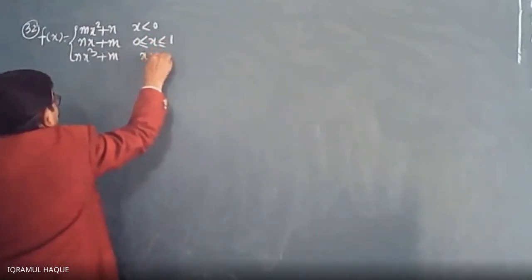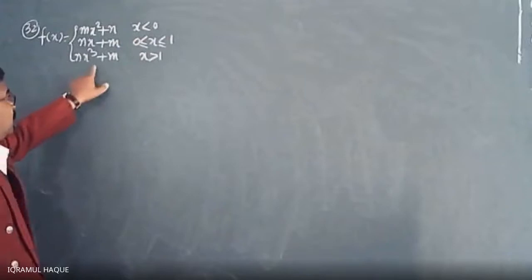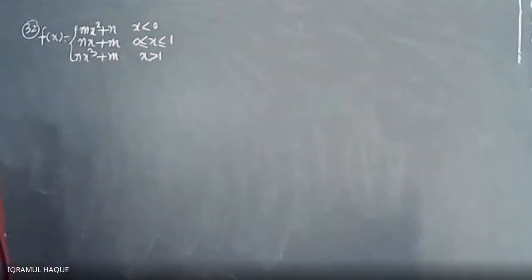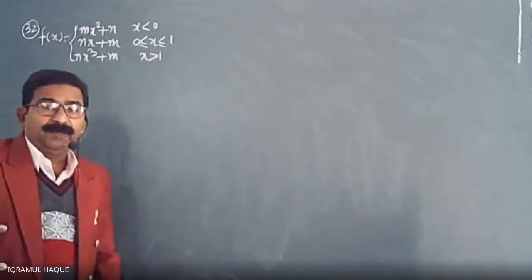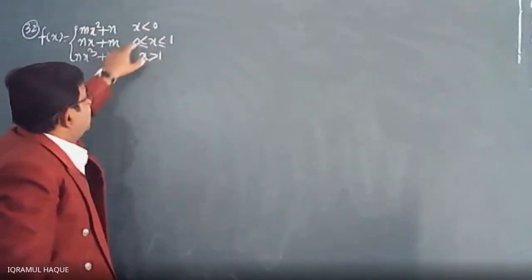The third function is nx cube plus m, for x more than 1. See, here we are given three functions and two limits, these two limits are limit 0 and limit 1.